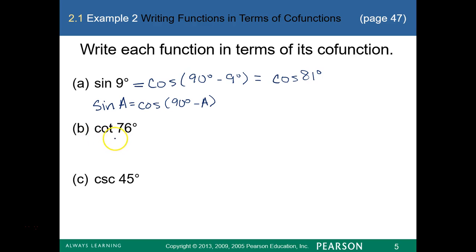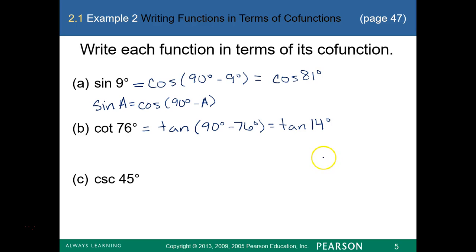Same thing goes here. Tangent and cotangent are cofunctions. So say cotangent of 90 degrees minus 76 degrees, and then do the math on the inside, and we get cotangent of 14 degrees.